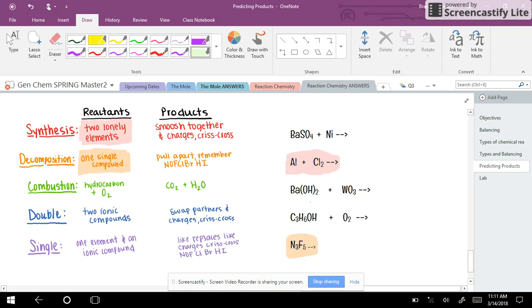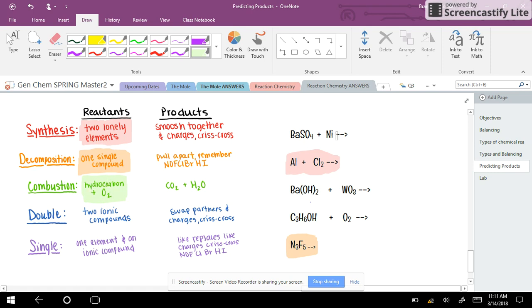Next, we have a hydrocarbon plus O2. Now, just as a review, remember a hydrocarbon is hydrogen and carbon. It can be a combination of any amount of hydrogens and carbons, and we can also sometimes see oxygen in a hydrocarbon. So we're looking for a reaction with a hydrocarbon plus O2. And that's always how it's going to be, hydrocarbon plus O2.